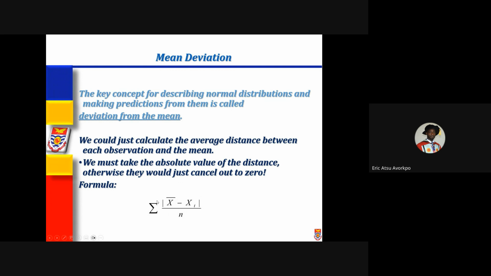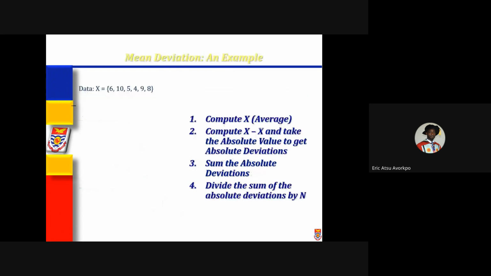So once you do that and sum the results, that becomes your mean deviation, which tells you, on the average, how far each observation is from the mean value.